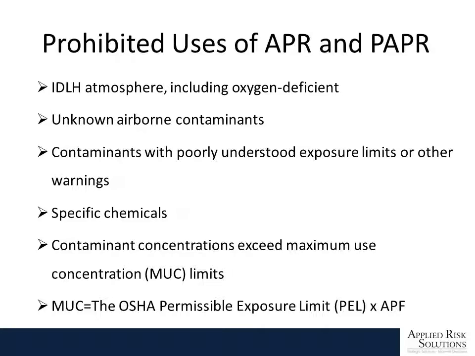And contaminant concentrations that exceed the MUC limits. The MUC limits are basically the OSHA permissible exposure limits, or the PELs, times the APF for the respirator. You multiply those two together to get the MUC, which is a number which OSHA publishes as what's acceptable to expose people to.